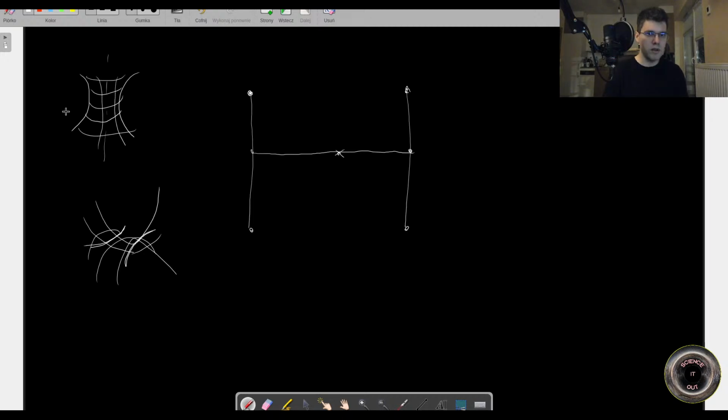Such a shape also can be decomposed into straight lines. So in theory, probably you can get it using this bilinear interpolation. But yeah, that's not that important.